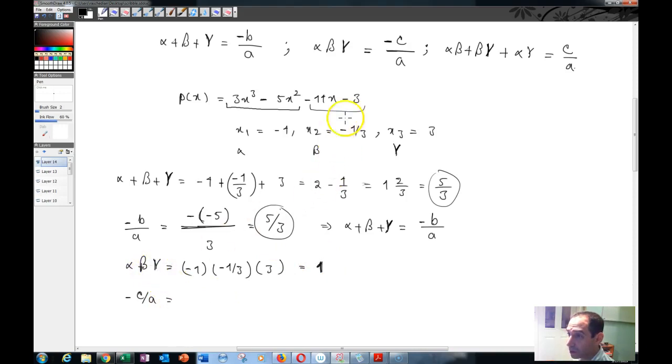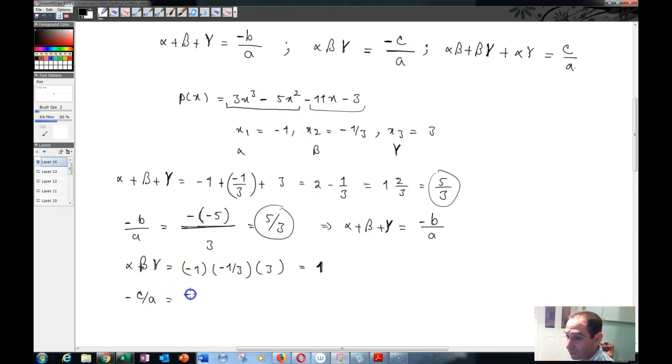Now alpha, beta, gamma is equal to -c by a. -c by a is equal to, this is a, b, c. Oh, there might be something wrong in here. 3x cubed minus 5x squared minus 11x minus 3.